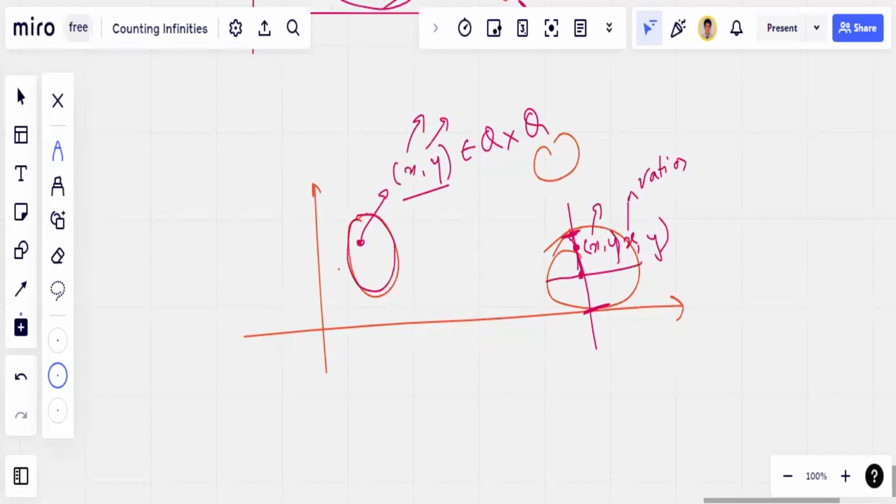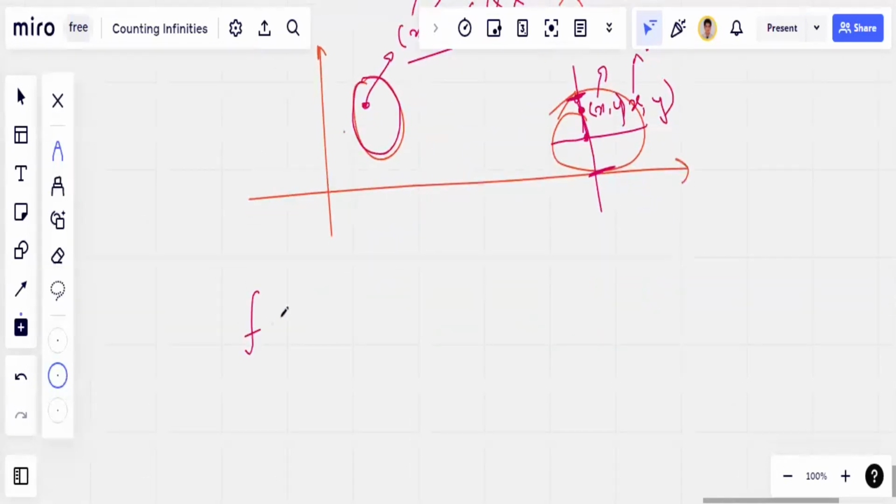Do you see that there should always be a rational point inside a disk? Okay, I assume that's clear.